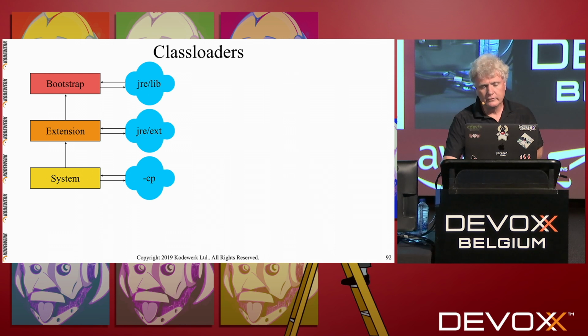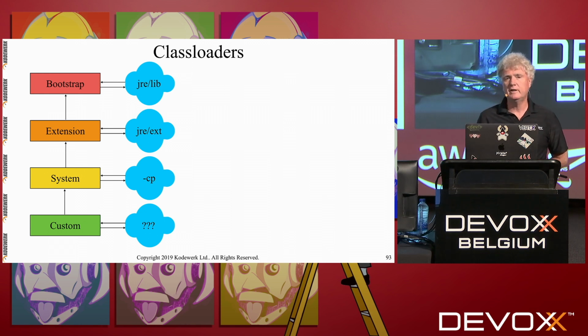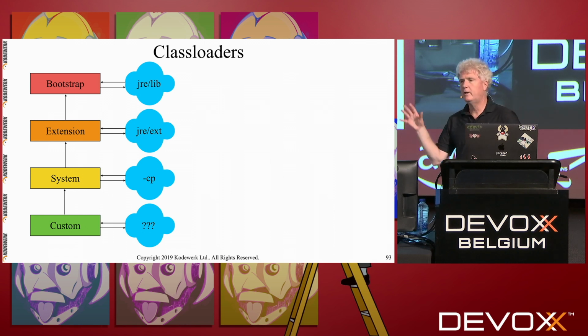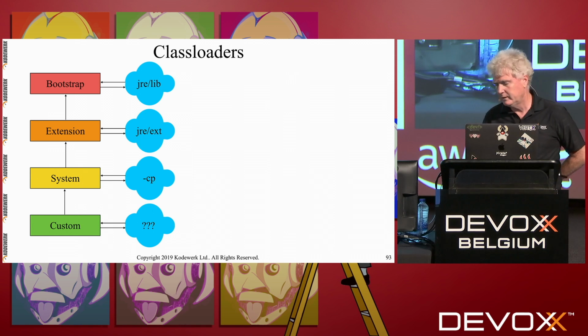Now, we all use application servers or different types of applications, and they tend to have their own classes, and they tend to load their own classes into their own custom class loaders. This is where the whole world gets really murky, because the custom class loaders tend not to follow the rules that the system, extension, and bootstrap class loaders follow.